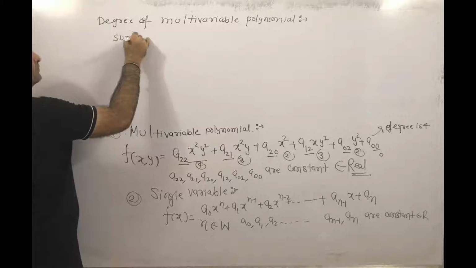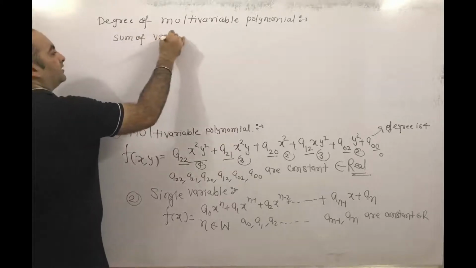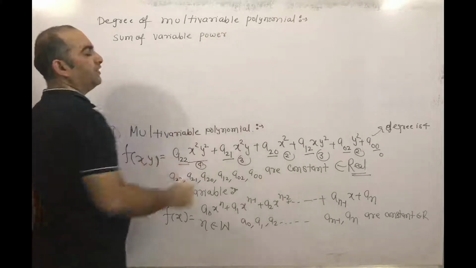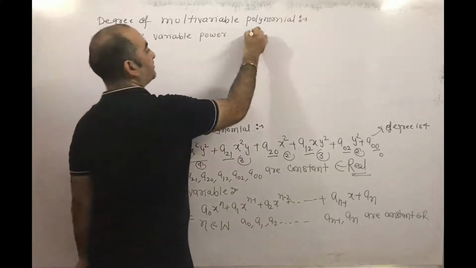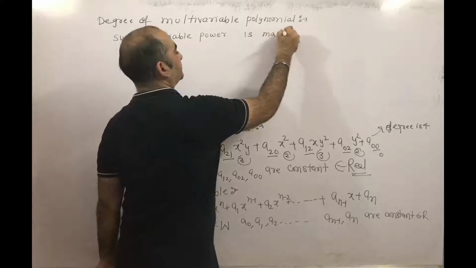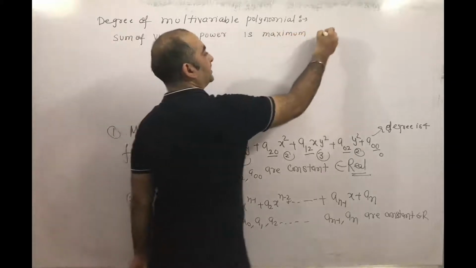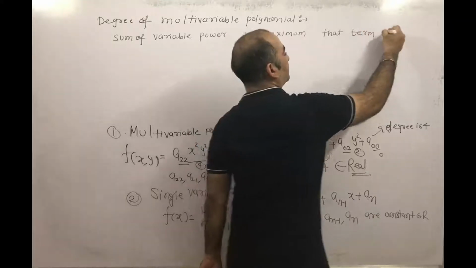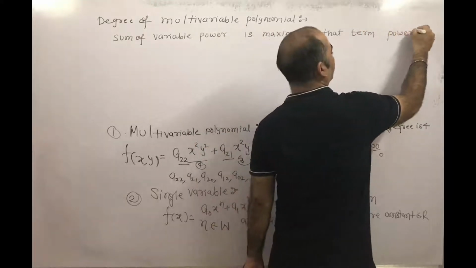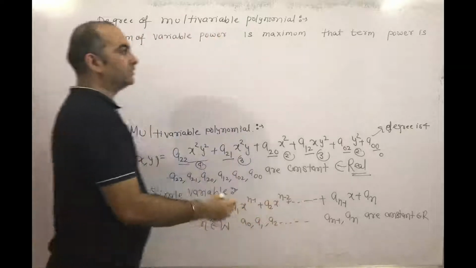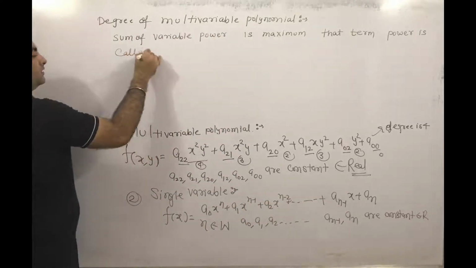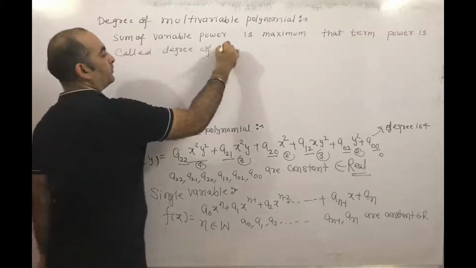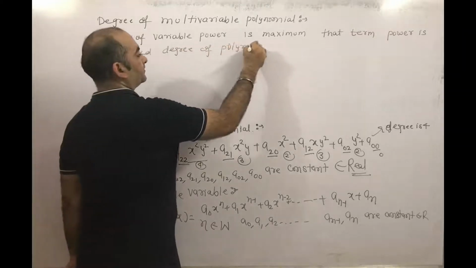The term where the sum of variable powers is maximum, that power is called the degree of polynomial.